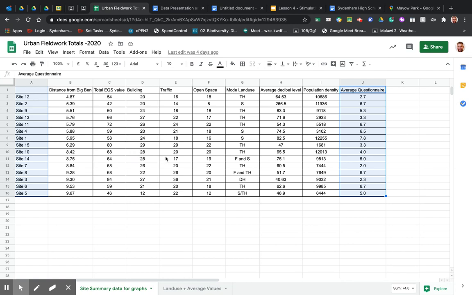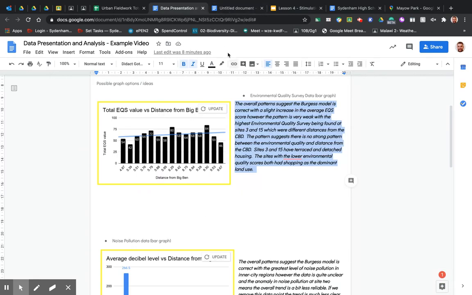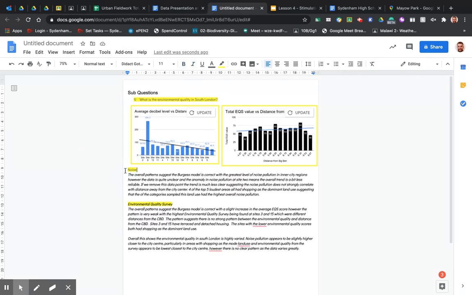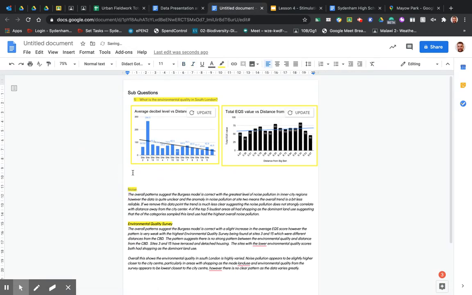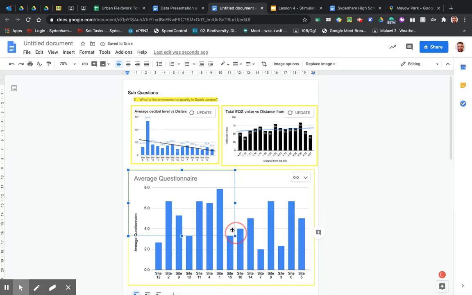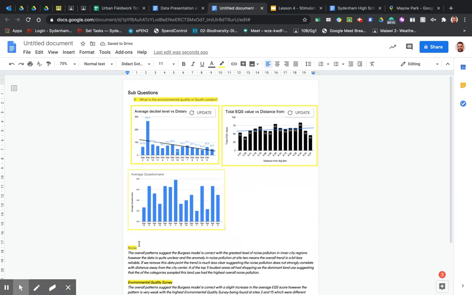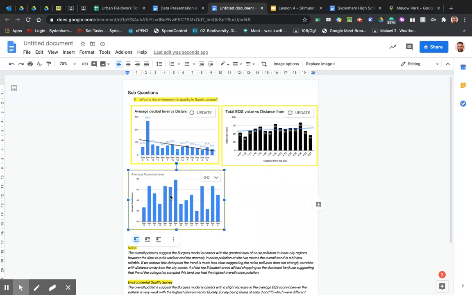So I could just quickly make that, if it's going to work, because they're sorted already. That's fine to use as it is. If I was going to do that, I'd probably put it in here. And then I'd just add in another section which says, people's perception of the environment. It'd probably be better if I have the trend in there as well.